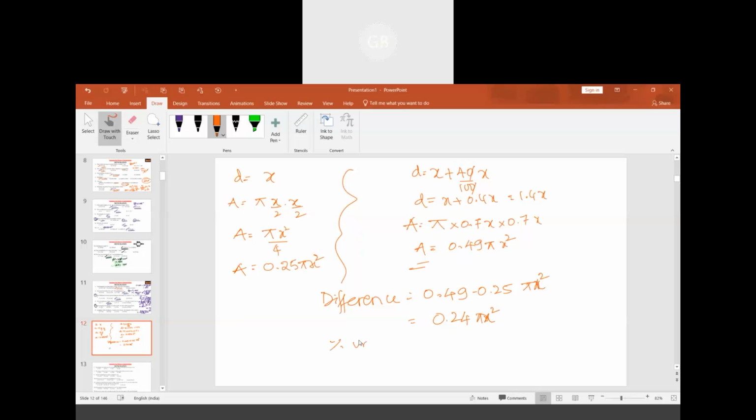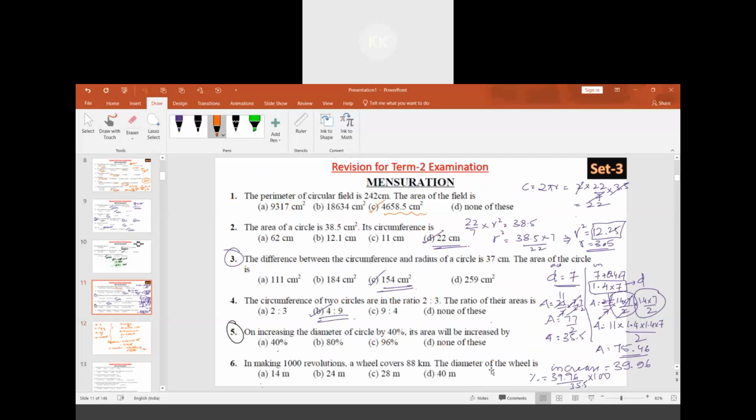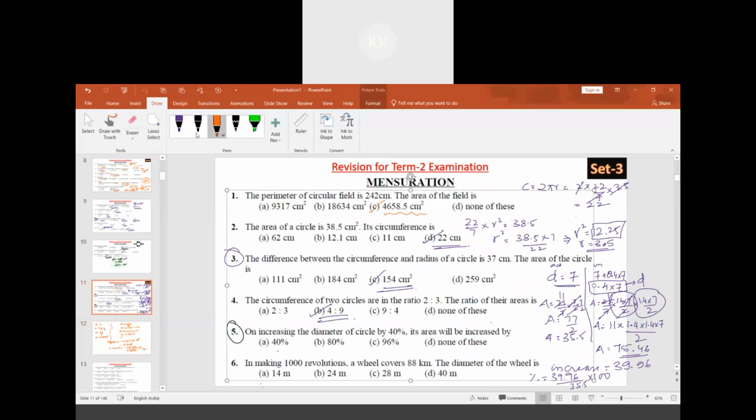So percentage increase is 0.24 pi x square by original 0.25 pi x square into 100. This pi x square gets cancelled. 24 by 25 into 100, that is 96. Absolutely correct, 96%. That option was there, I think. Yes, it is there. Option C is the answer.